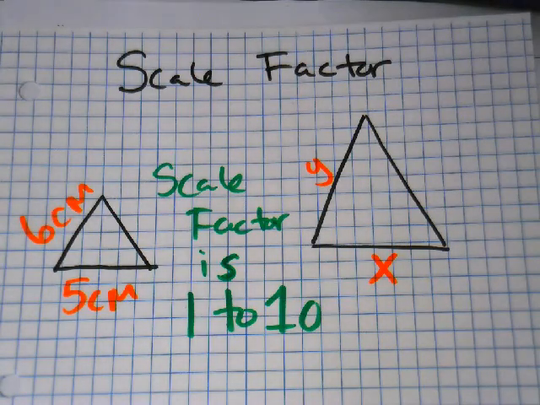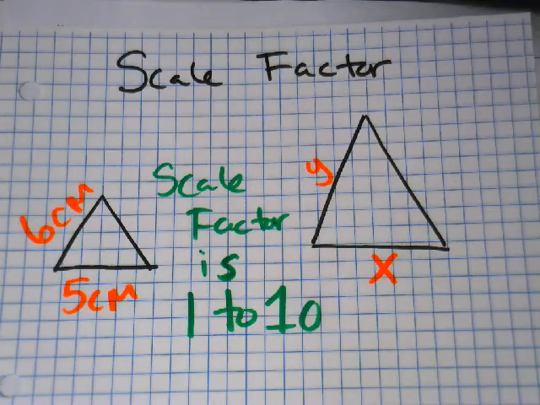Okay, so this is my small triangle, and the art teacher wants you to blow it up, make it bigger, so we can paint it on the wall. The art teacher says, use a scale factor of 1 to 10, which means make this triangle 10 times bigger, and then draw it.